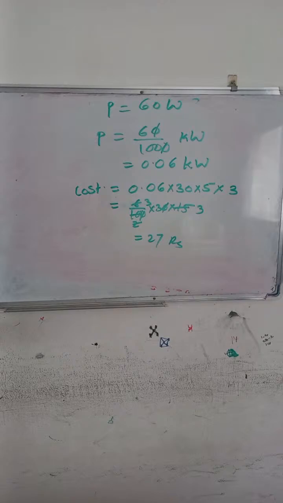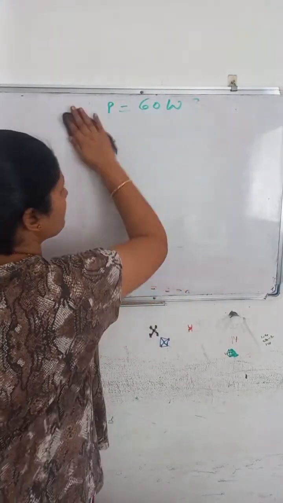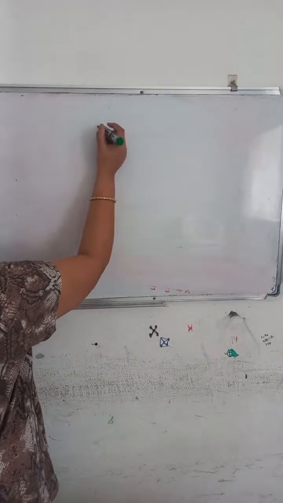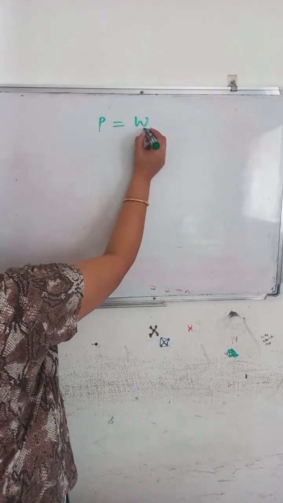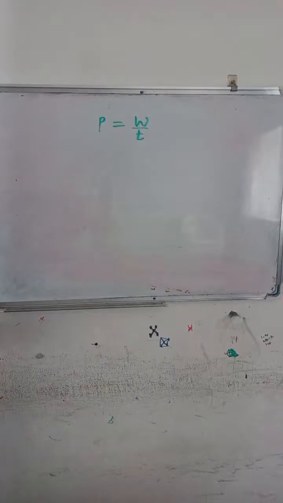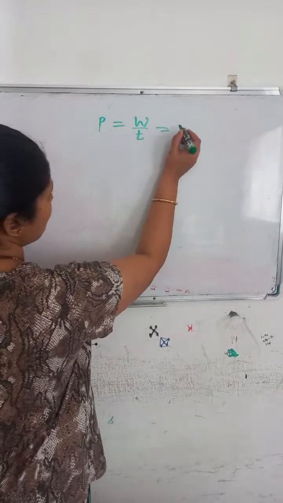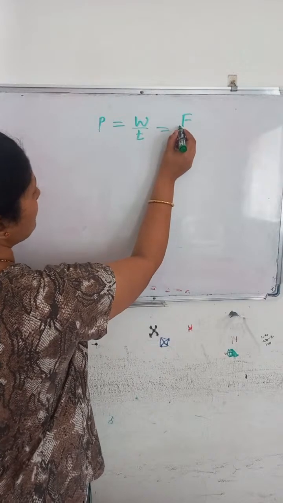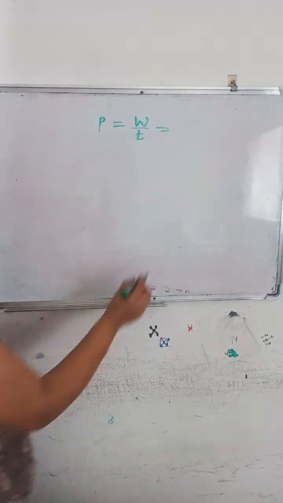Can you calculate the answer for this? How to calculate? They are asking here the power delivered. Power P is nothing but work done by time.